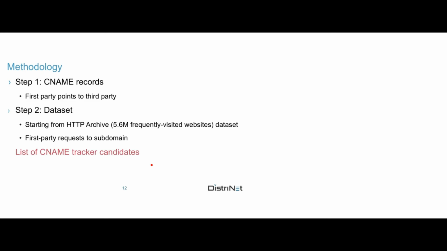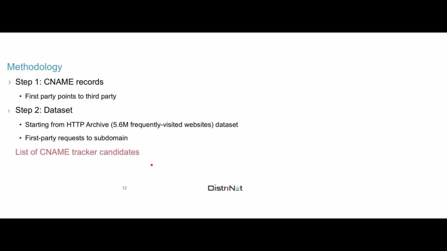For our analysis, we used the public dataset of HTTP Archive, which is a monthly crawl of millions of popular websites. So we use this dataset to obtain first-party requests to a subdomain of the same website. Again, because that's the way CNAME-based tracking works.